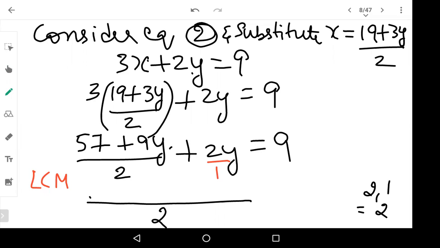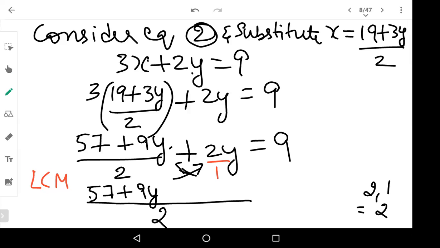This is how we solved the previous linear equations, right? So now I can also cross multiply the denominators. If you see the cross multiplication, here you have 1, and 1 multiplied with 57 plus 9y will remain the same, that is 57 plus 9y.